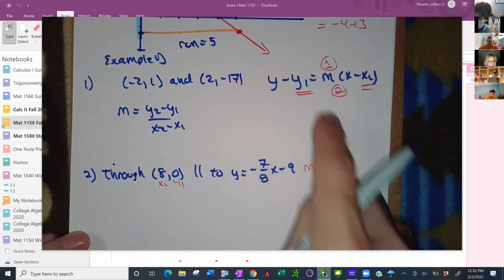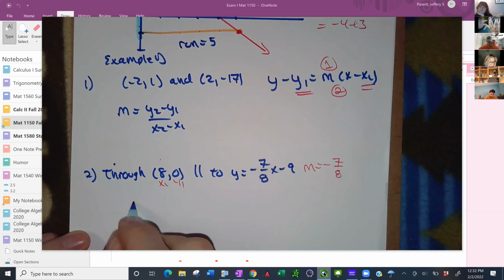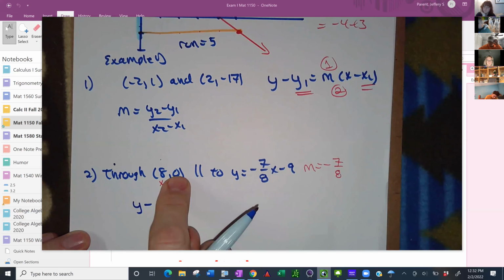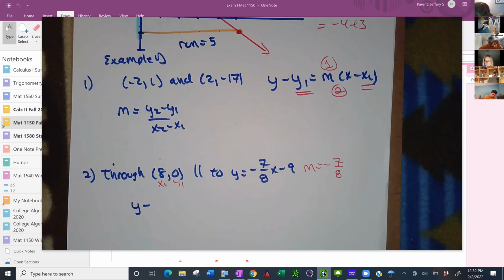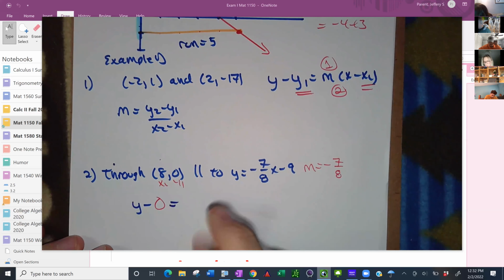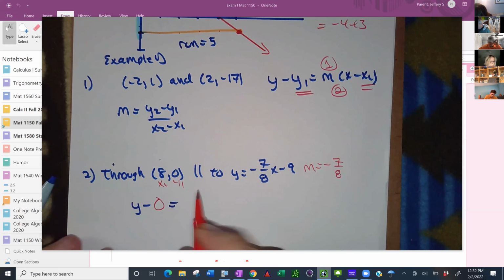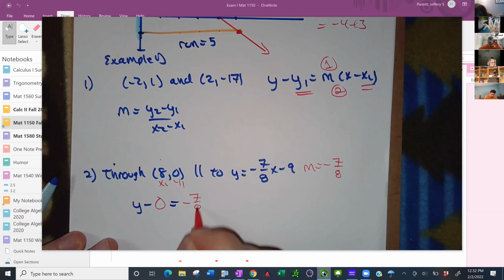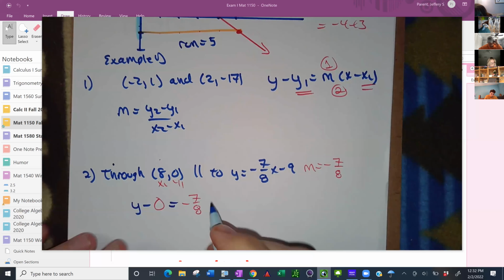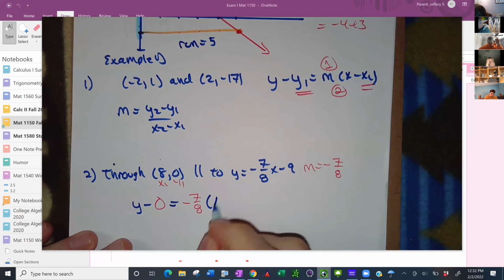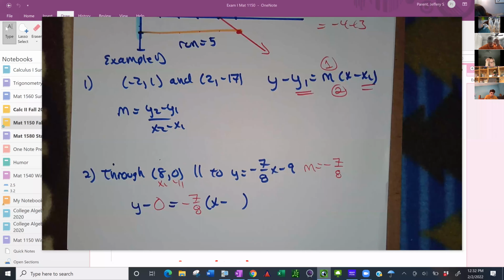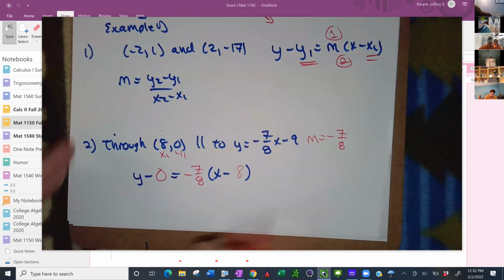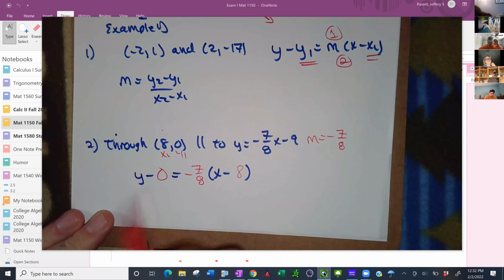If I fill this in, y minus y1, so that's y minus 0, equals m, which is -7/8, times x minus x1, which is 8, then this is actually going to simplify pretty nicely. Y minus 0 is just y.